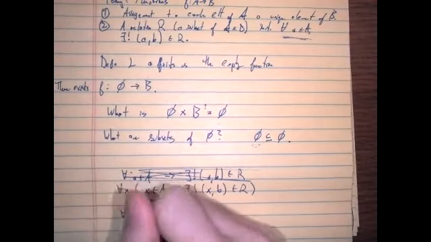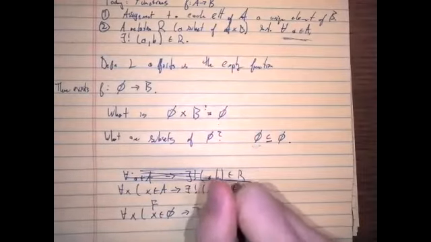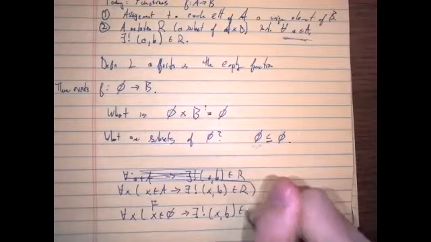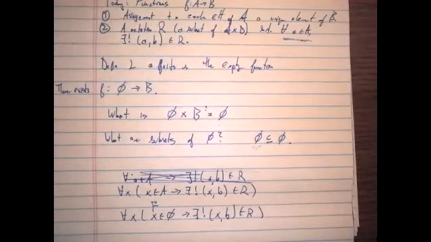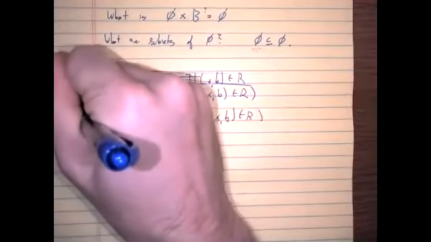So this statement, for all x inside the empty set implies there exists a unique (x, b) in R. Since the premise of the implication is false, that means the entire implication is what? True. So this is vacuously true.